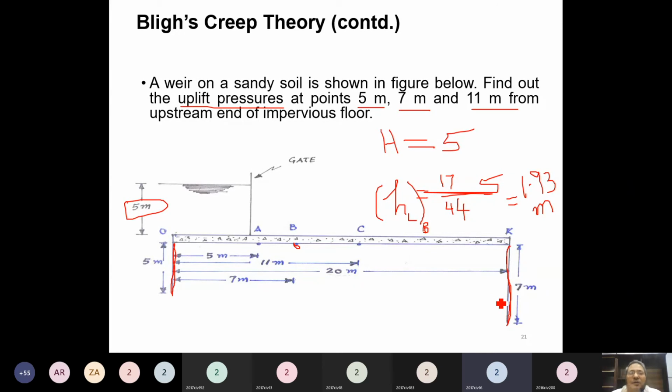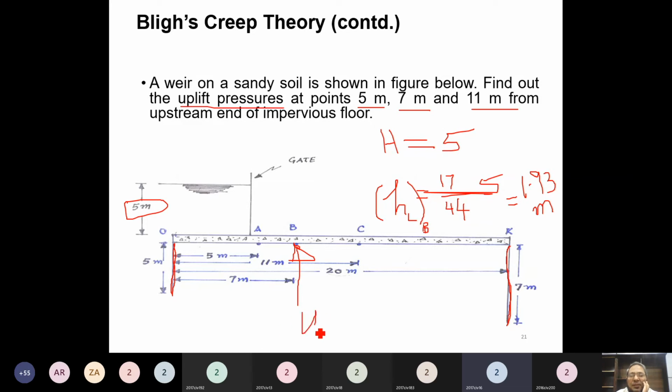Now how much is the uplift pressure head at this point? How do we find the uplift pressure head? We subtract: H minus this.